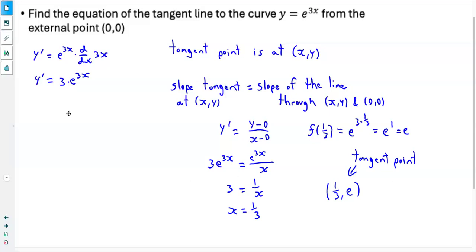Now to get our slope, we'll take y prime of 1/3, or we can also refer to that as f prime of 1/3, which is equal to 3 times e to 3 times 1/3. That's going to give us 3e.